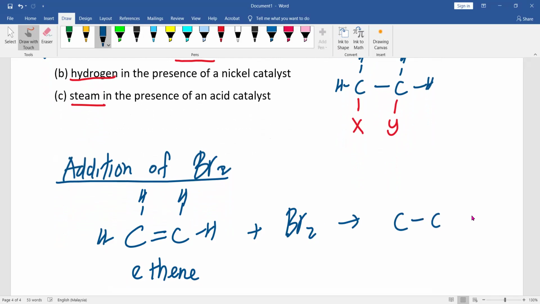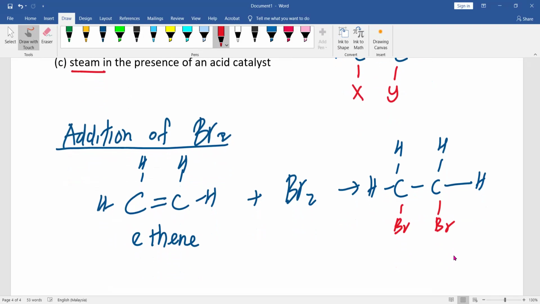Okay, so in this one the double bond opens up. Here one bromine, here one bromine. You have 5 seconds to tell me the name. Quick, starting now. Dibromoethane.